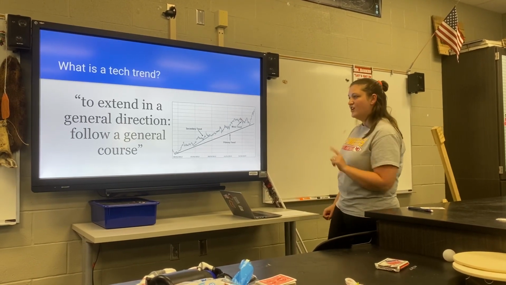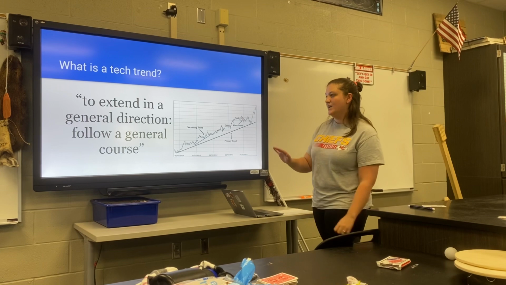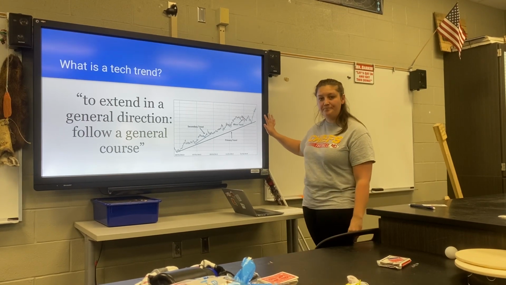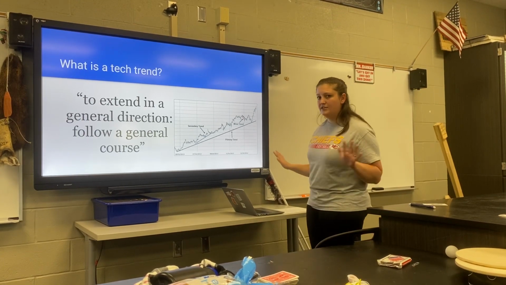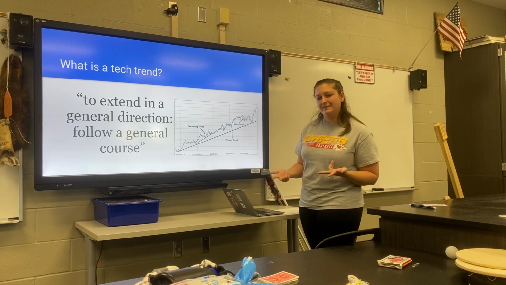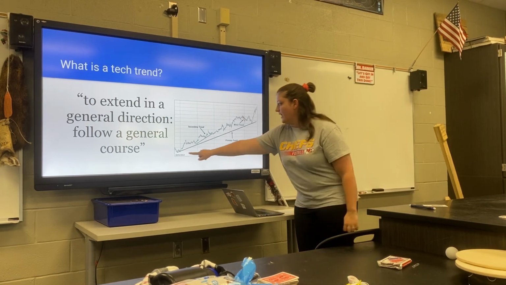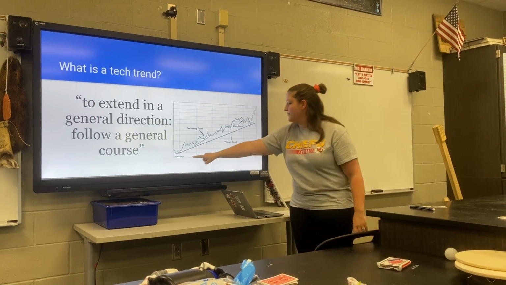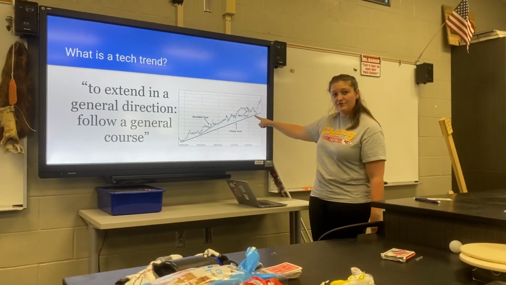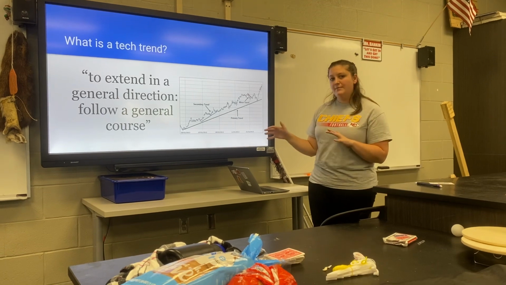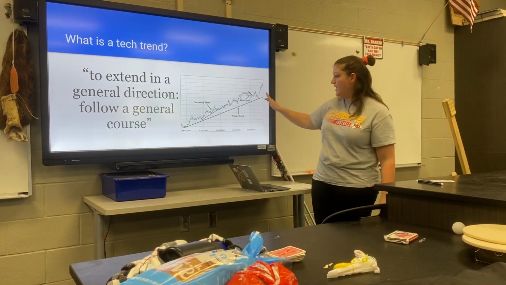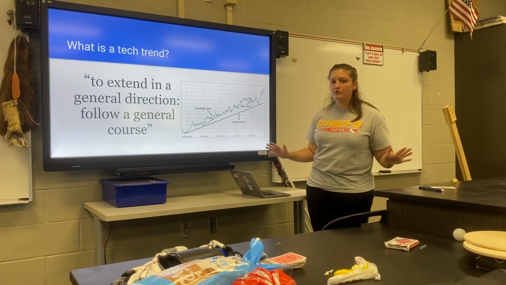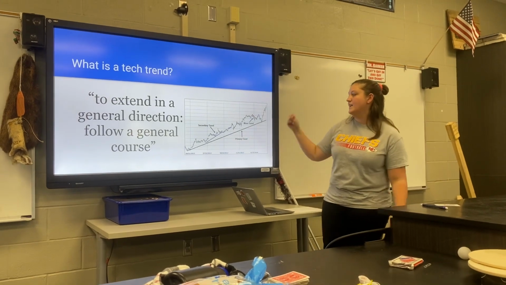But what a trend really is, it's whenever we take something and it's following a general direction. Okay, so it's following that general course. Mathematically, we would look at that on a graph and say, okay, if we looked at the ticks on here, it's typically going in a primary positive trend. That's really what that means. It's following one main general course, and that's what it means to be a trend.